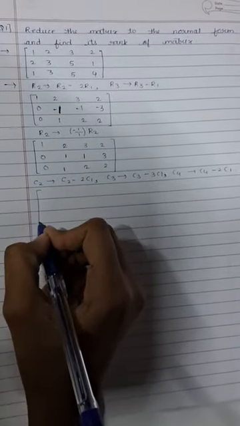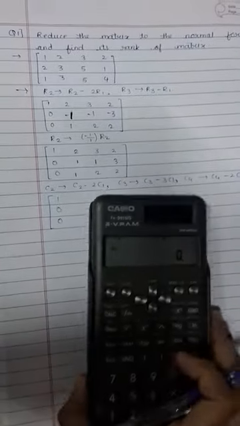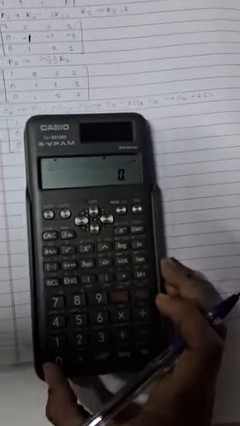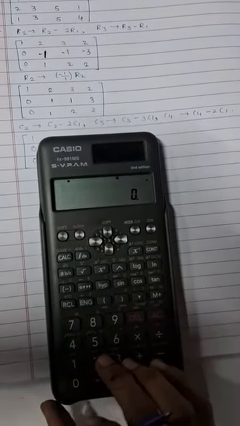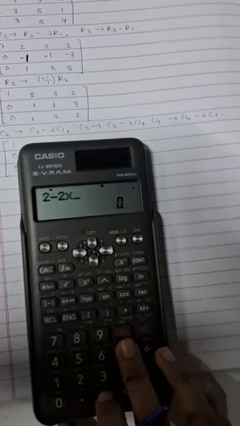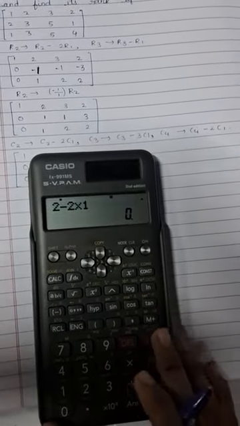So let us find it. 1 0 0. Using the calculator, I'll show you how these calculations have been done. Firstly, what is C2? C2 is 2, minus 2 into C1, which is 1. So it is 0.